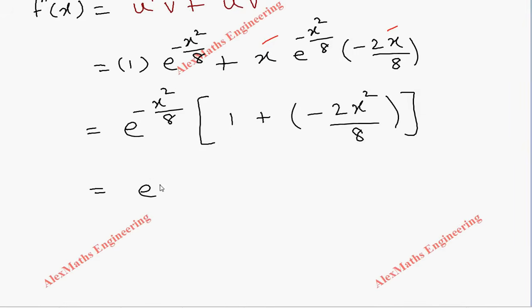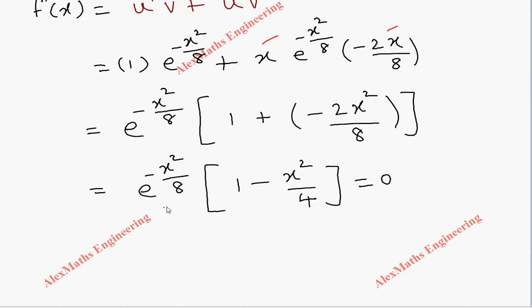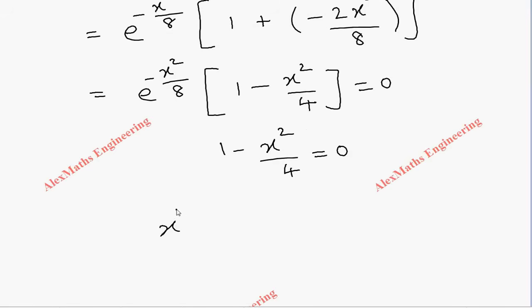So we have e power minus x square by 8, and this is 1 minus x square by 4 equal to 0. This e power term cannot be 0, therefore the only factor equal to 0 is 1 minus x square by 4 equal to 0. From this we can find x square by 4 equal to 1. So x square equal to 4 and x is equal to plus or minus 2.